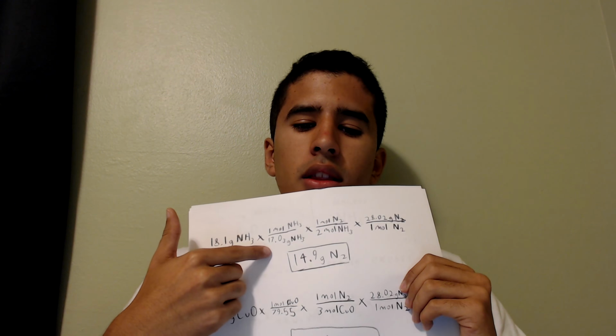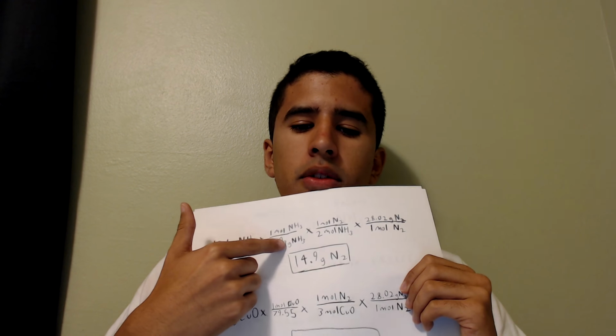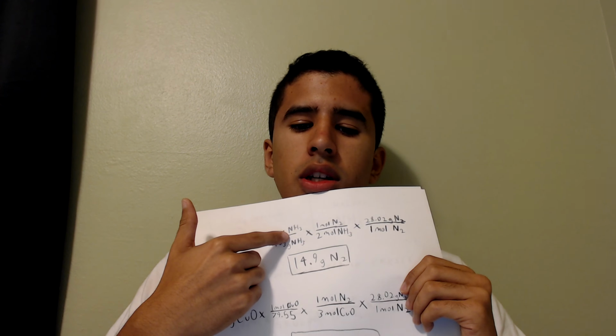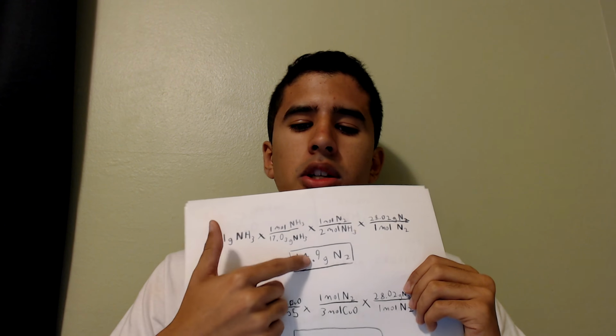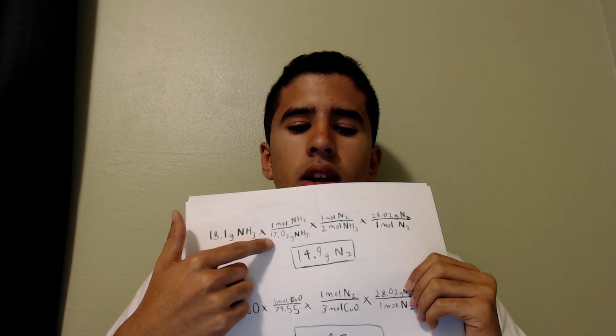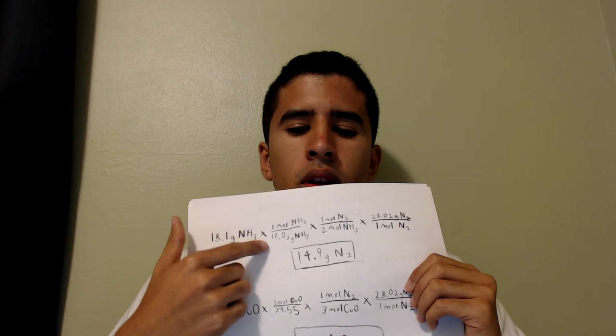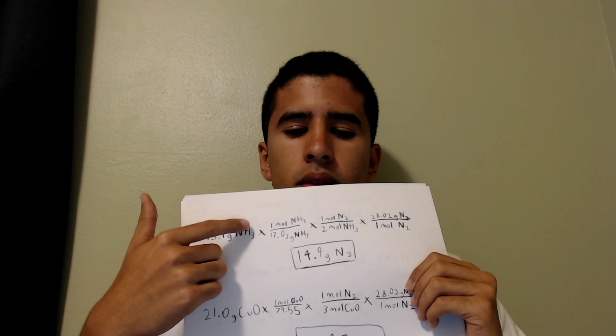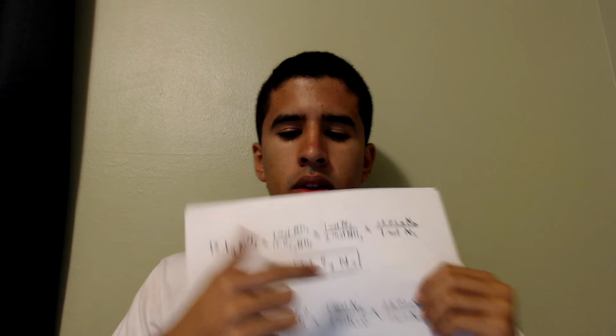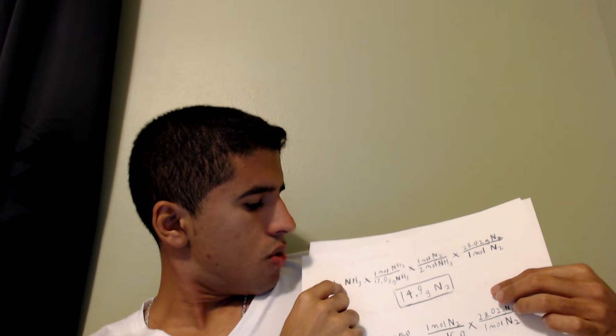To get this number, you would add up the molar mass of nitrogen and 3 hydrogens, because that's how much there is in the molecule, and you would get 17.0. And so the grams of NH3 would cancel out.